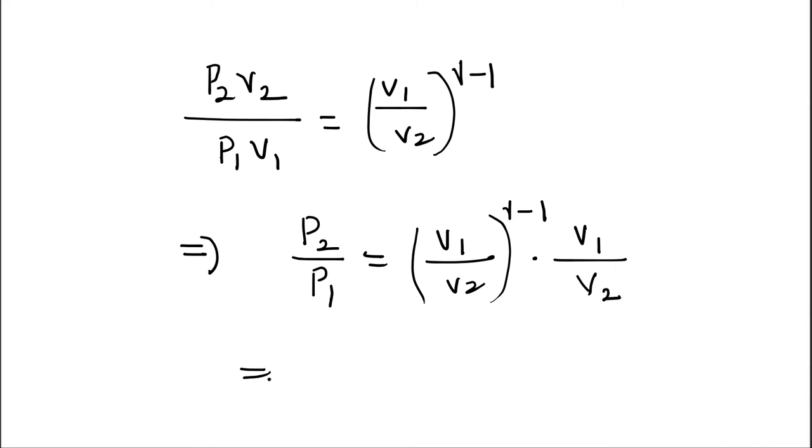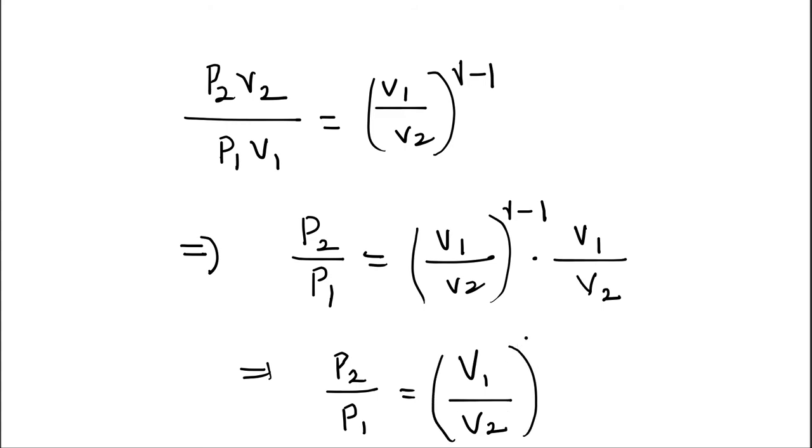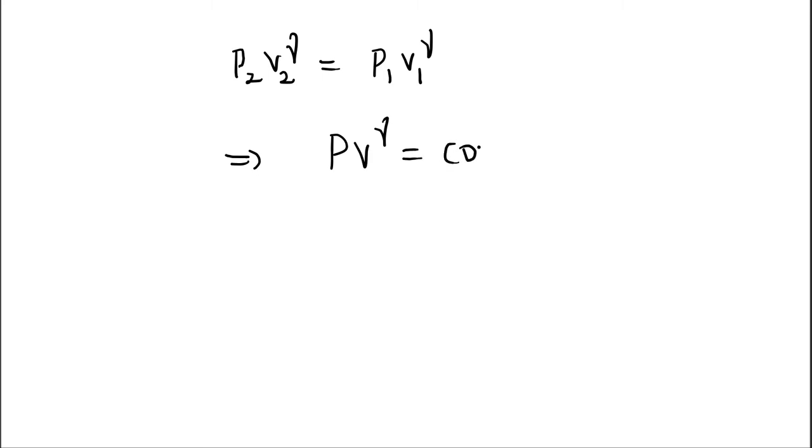So P2 over P1 is equal to V1 power gamma minus 1 times V1, which is V1 power gamma, over V2 power gamma minus 1 times V2, which is V2 power gamma. So finally that makes P2 V2 power gamma equal to P1 V1 power gamma, so PV power gamma equals constant.